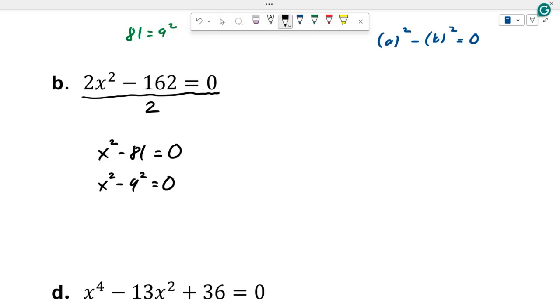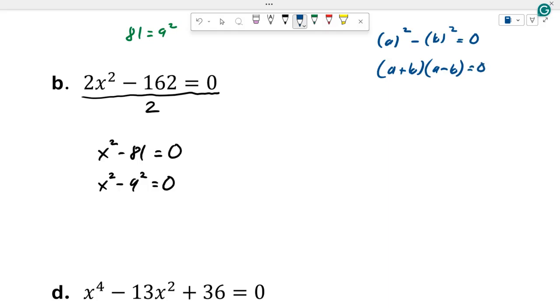Difference of squares factors in a very standard, predictable way. When you have a difference of squares, it factors into a plus b and a minus b, and again, we're just setting this equal to 0.